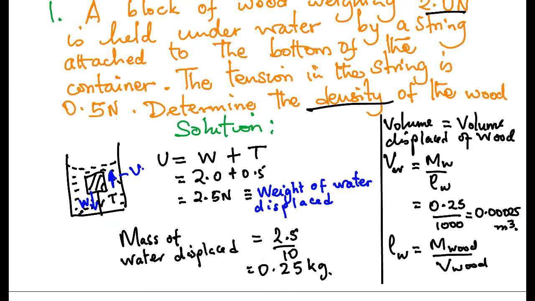Since weight is equal to mg, m is 2 divided by 10, which is 0.2 kilogram. Substituting there, we get 0.2 divided by 0.00025, which is equal to 800 kilogram per meter cube.